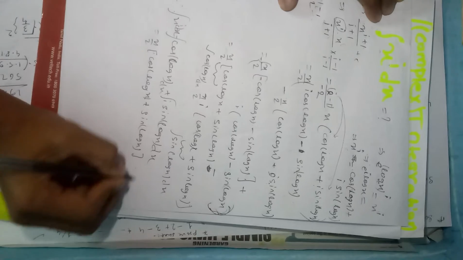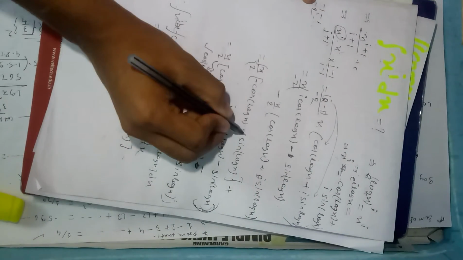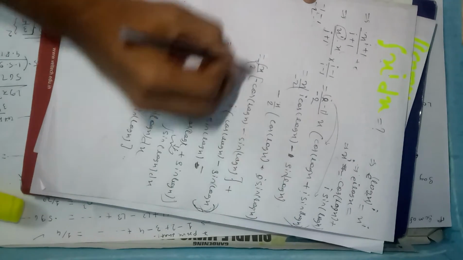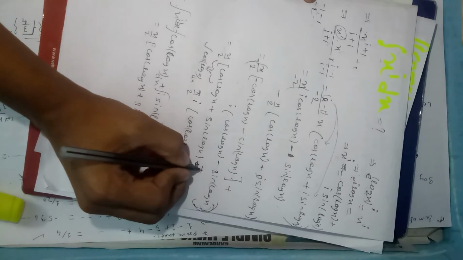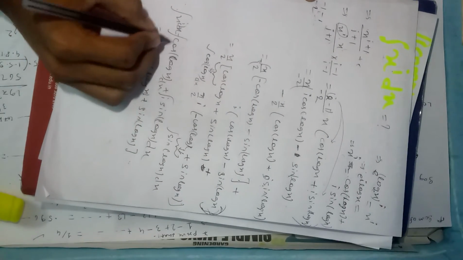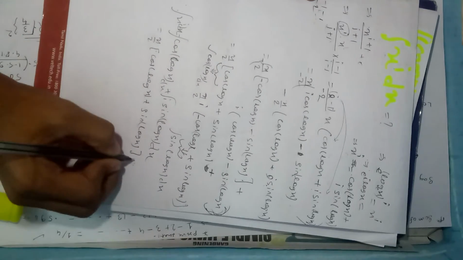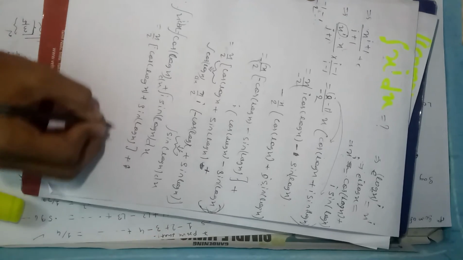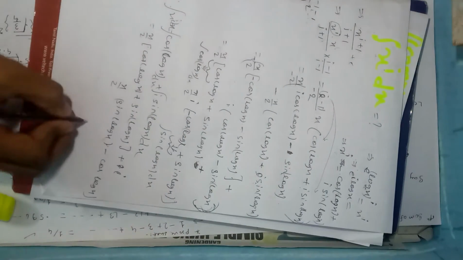Then the integration of sin log x becomes x by 2 into sin log x minus cos log x, with i as it is. So this is our answer.